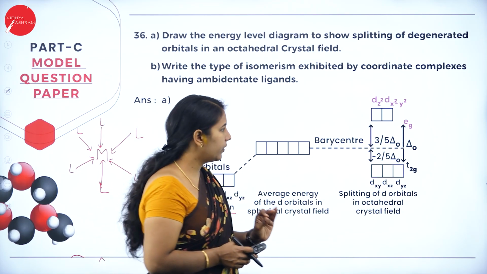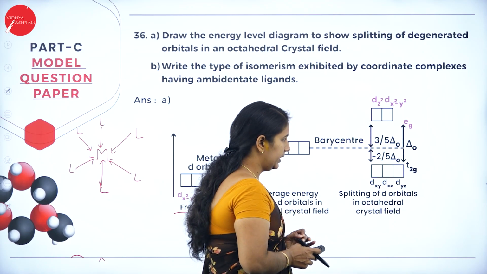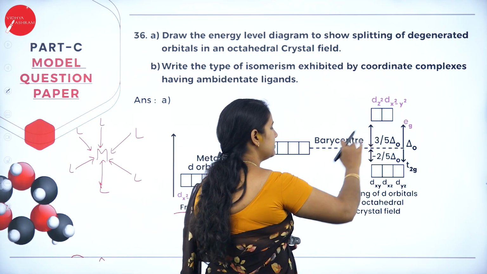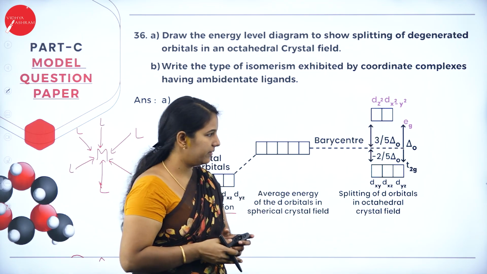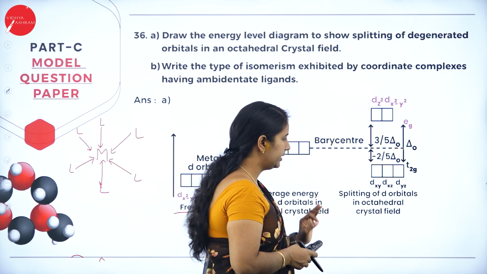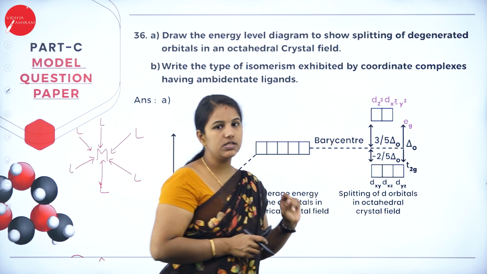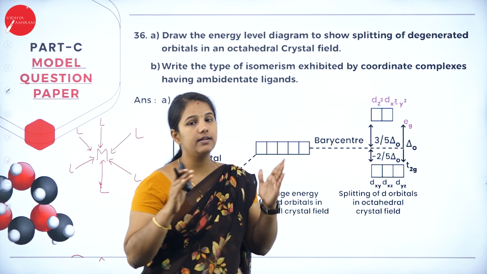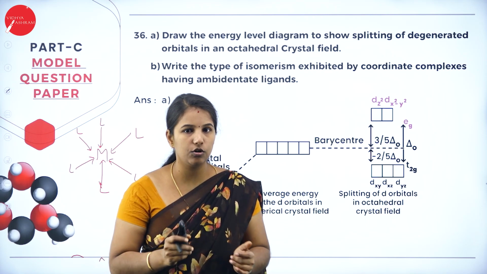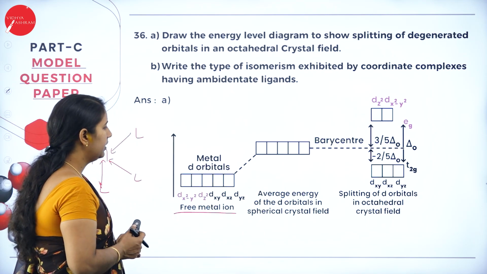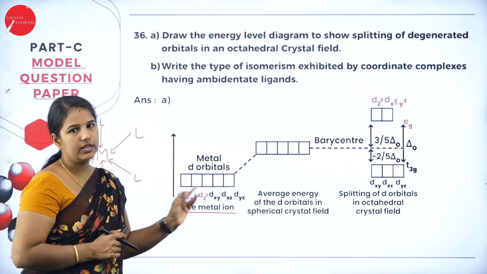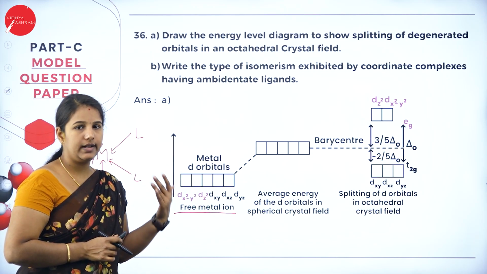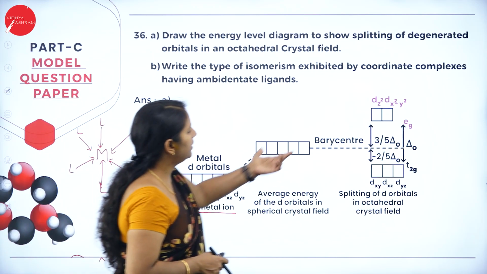Here you can see that the energy differences are 3 by 5 delta O and minus 2 by 5 delta O, and the line which marks the average between these two energy levels is known as what? Barycenter.